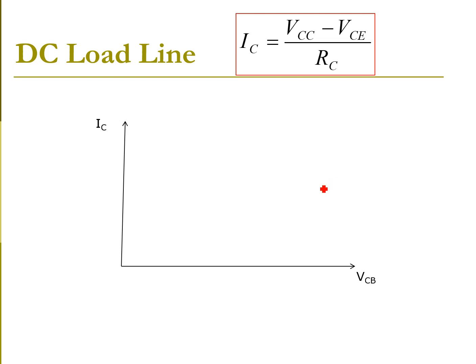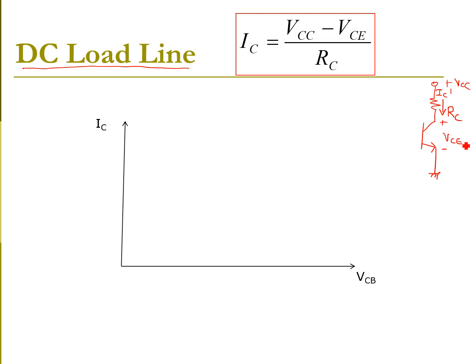Lastly, the last parameter which we have to do in the DC analysis is the DC load line. For the DC load line, we apply KVL to the output loop. So again, this is the output loop, with RC, VCC, IC dash, and VCE.